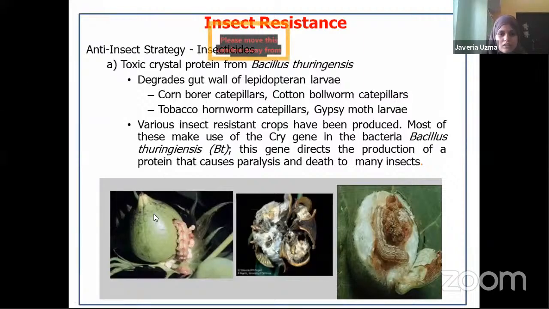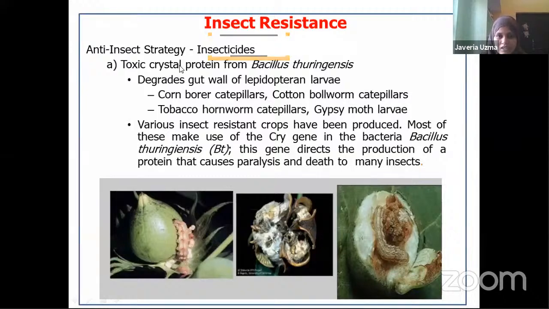So here in these cotton plants, we are introducing a gene from a bacterium known as Bacillus thuringiensis, Bt. From Bacillus thuringiensis, we are introducing a gene known as the cry gene. Cry means crystal. This is a toxic gene.